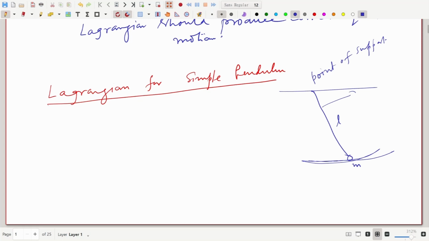The string is massless and of fixed length L, and this is a point particle, the whole mass is concentrated here. So, the first step is to choose a coordinate system.